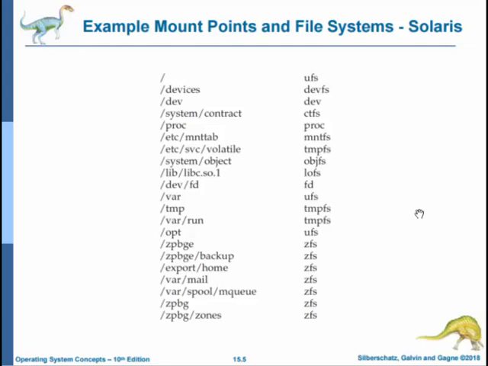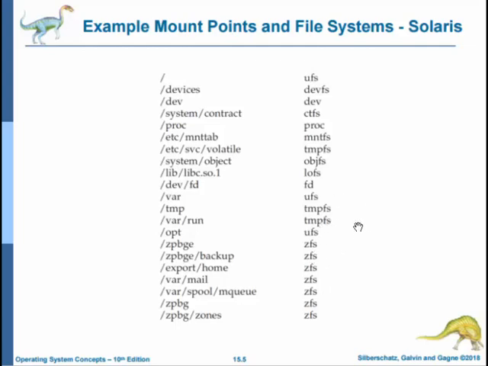So this is a typical set of mount points. You can see some examples of the different Solaris file systems such as UFS, DevFS, MNTFS, TMPFS, OBJFS, and then we have the UFS, CFS.